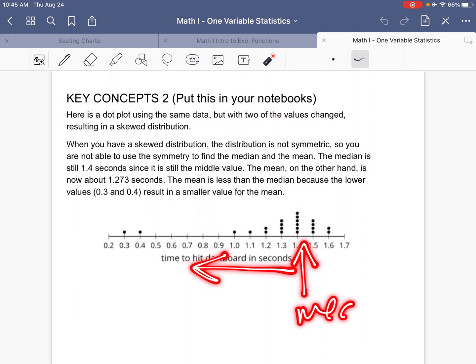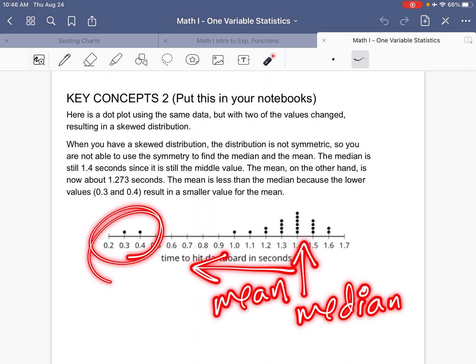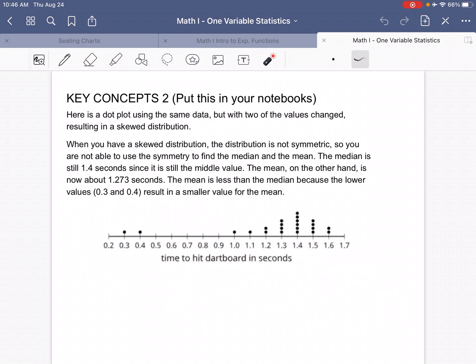So my median is still going to be right there, but the mean moves over this way because we have a couple of these outliers over here that are causing my average to get smaller. So the mean in this case is actually 1.273, so right around here instead. It's been pulled off of that middle main peak because of the skewed data set.